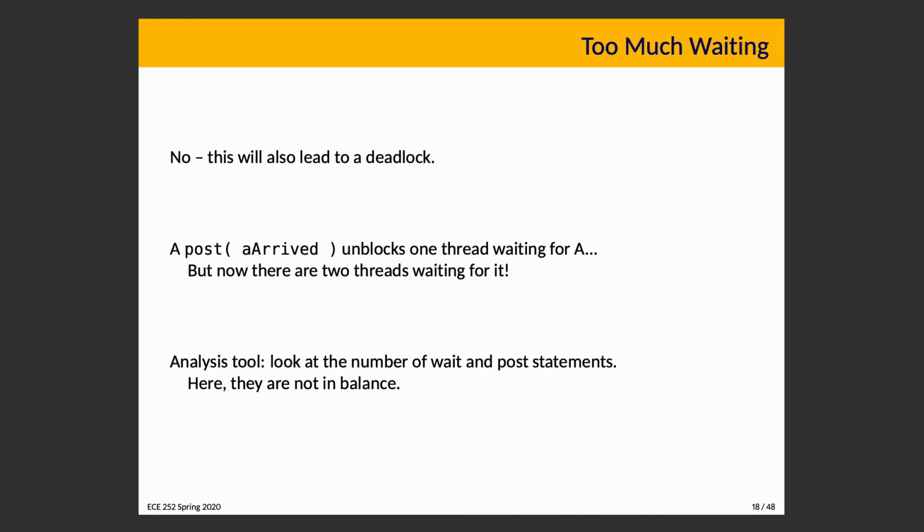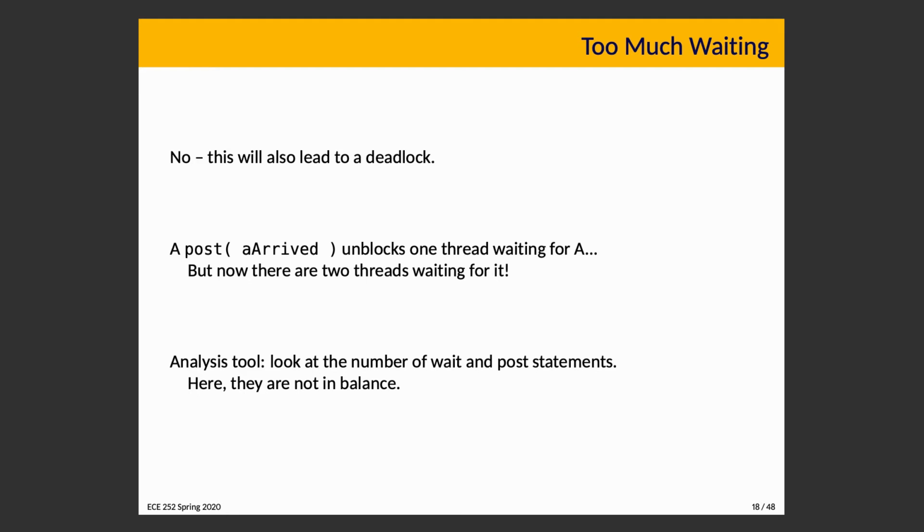If there are a lot more post statements than wait statements, it suggests that the value of the semaphore is being incremented a lot, and so threads might not be waiting when they should be waiting. We can consider the number of wait and post statements to make sure that they are in balance, and if they're in balance, it's a good sign.